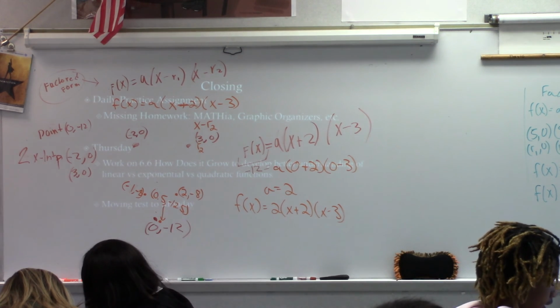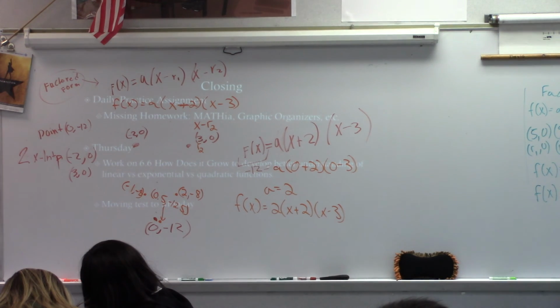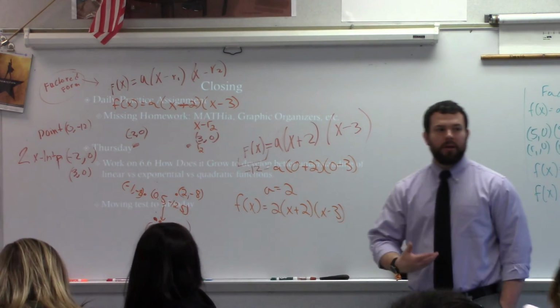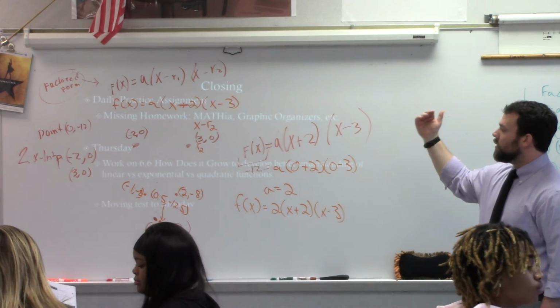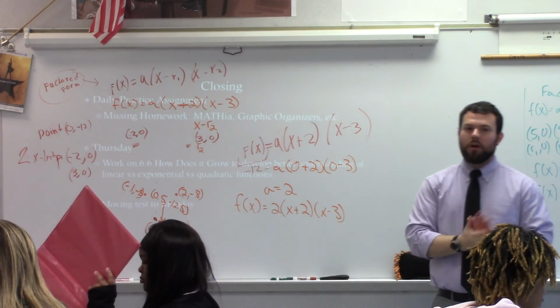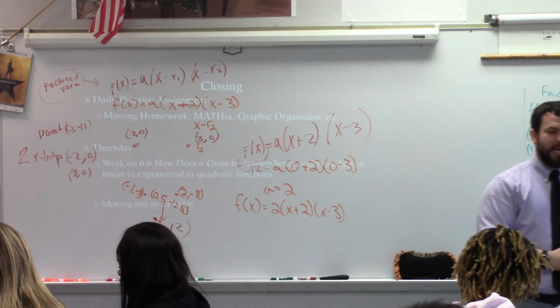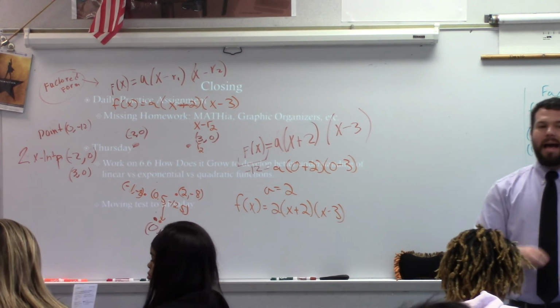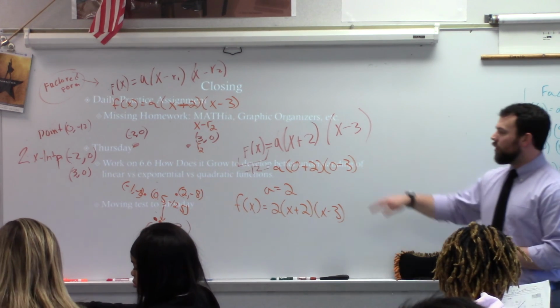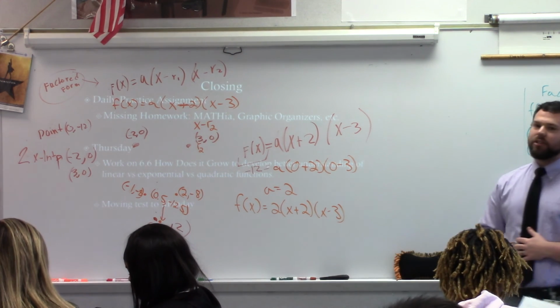Okay. So, really quickly, we do not have any new homework, but if you are missing daily practice assignments, you might want to get on that. Tomorrow, we're going to do our understanding check to start the day. And if we need more practice with that on Friday, we will. After the understanding check, we're going to work on 6.6, how does it grow?